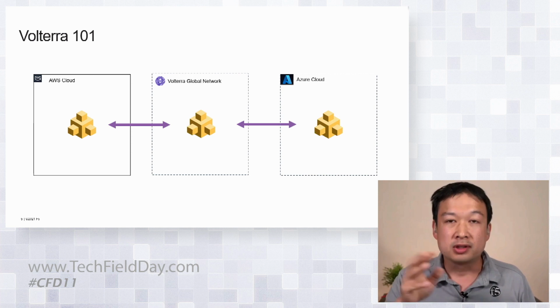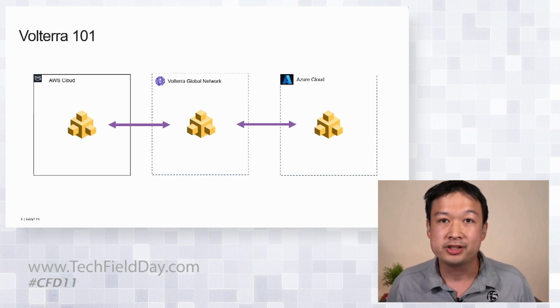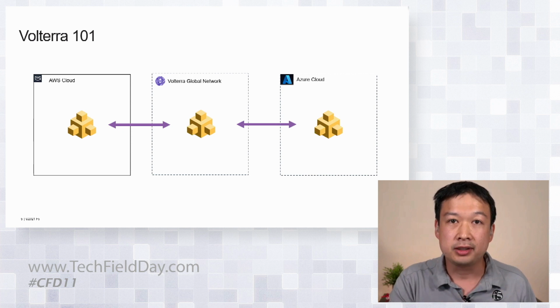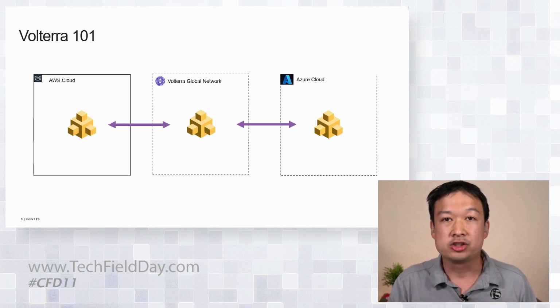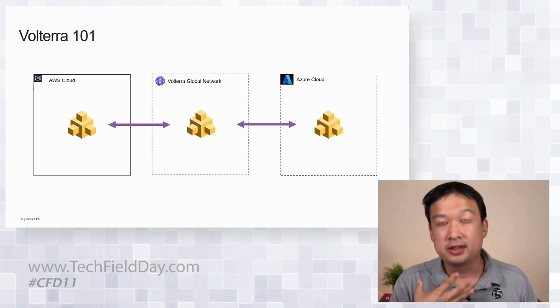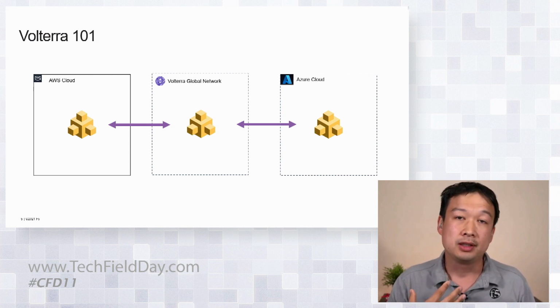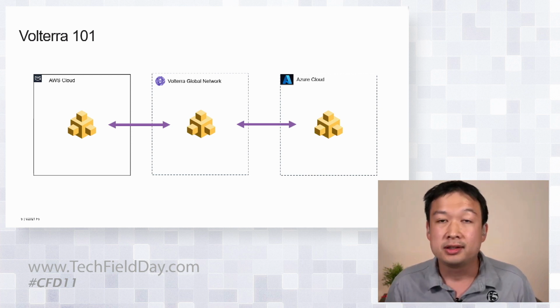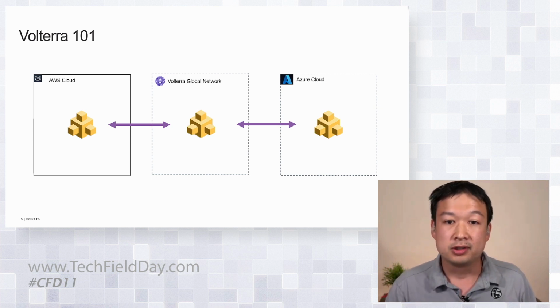For people who are familiar with the networking world, we're essentially creating a hub-spoke type of topology. So instead of having to connect directly from AWS to Azure, you can always go through this middle point, whether it's one that we provide on the Volterra hardware, or one that customers choose to run on their own.